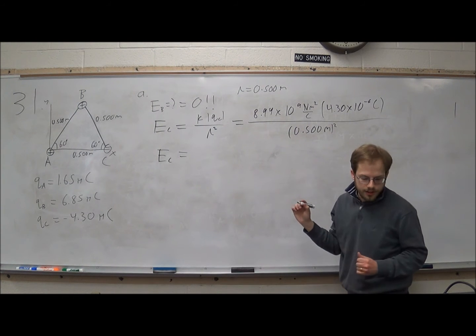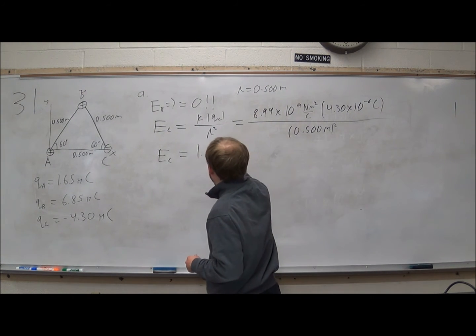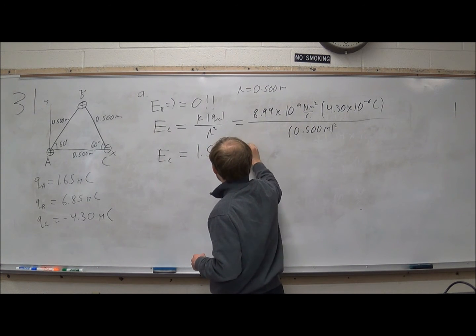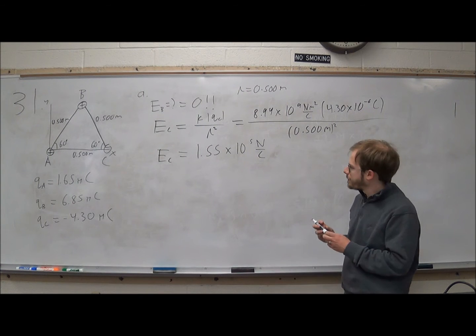We plug that in, and we get a magnitude of 1.55 times 10 to the 5 newtons per coulomb.